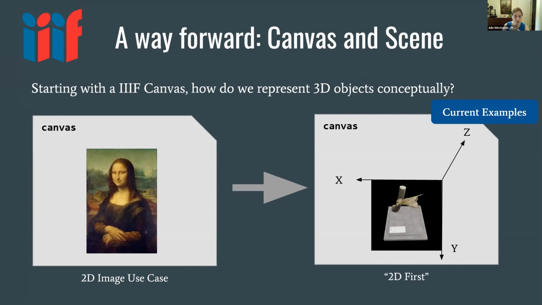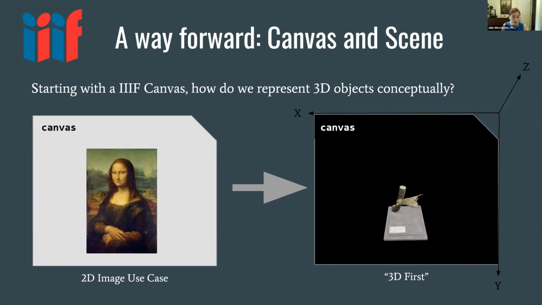We've been calling that a 2D first way of approaching 3D, because you still have a 2D bounded finite dimension canvas as the ground layer upon which you annotate your 3D objects. There are other approaches though. Next slide, please.